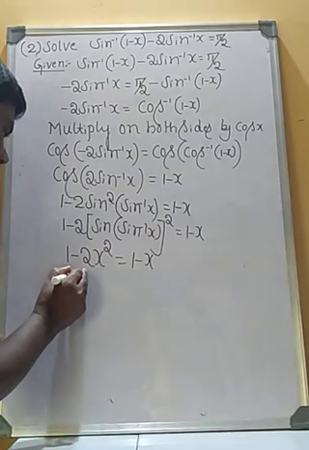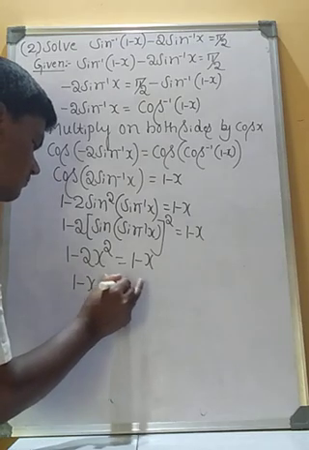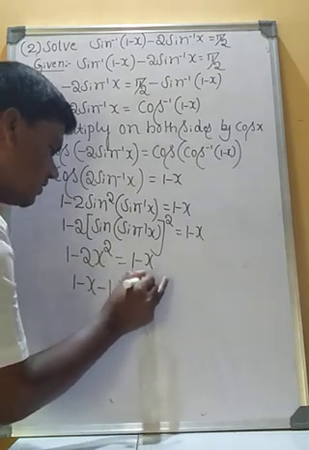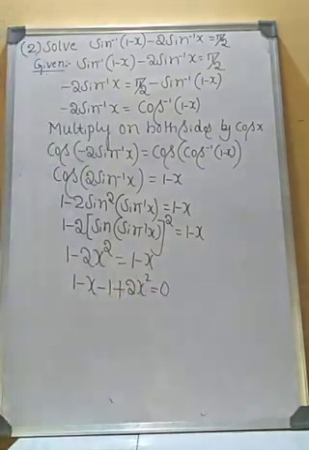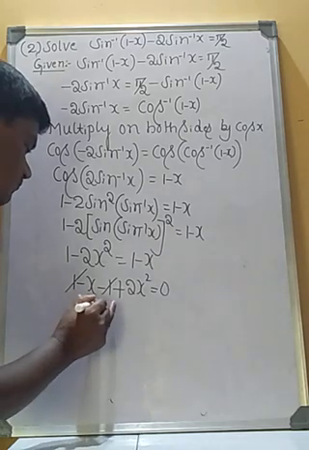Here, 1 minus x minus 1 plus 2x square is equal to 0. Plus 1 minus 1 cancels.